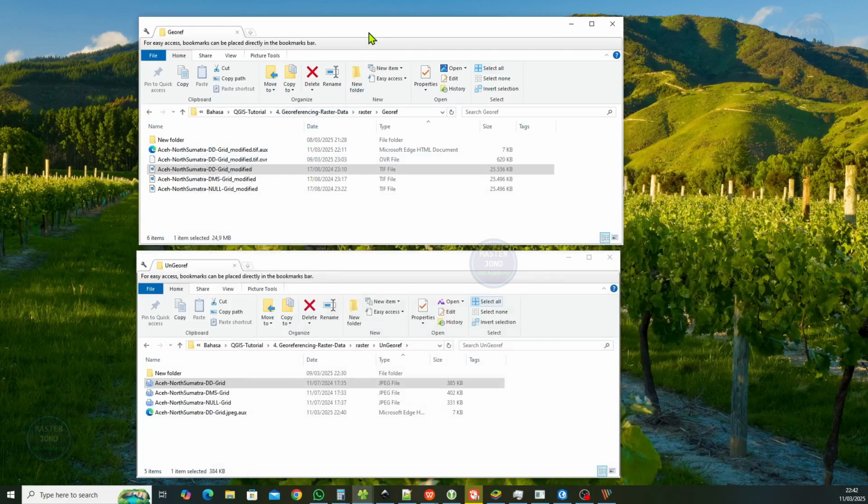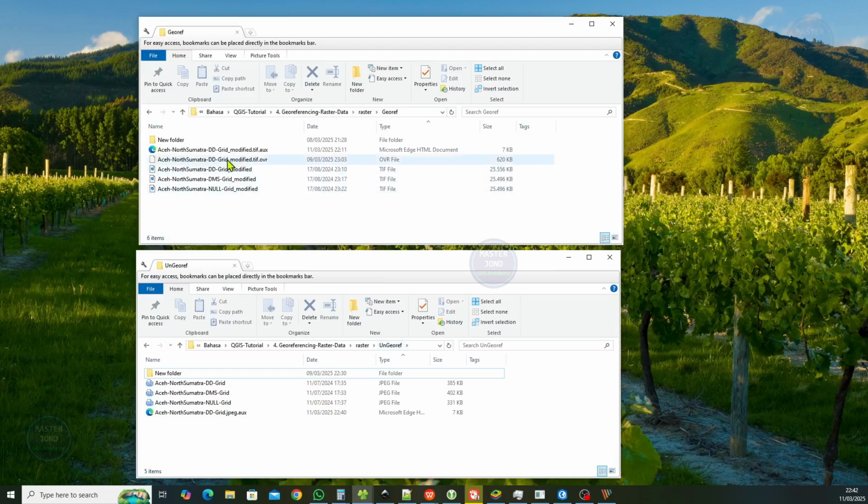So here are two folders. This is georef, which stands for georeference, and ungeoref stands for ungeoreferenced. Okay, so we have three TIFF and three JPEG here. This JPEG.aux we can ignore.